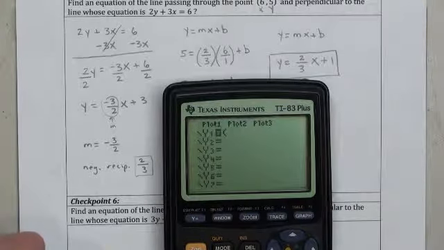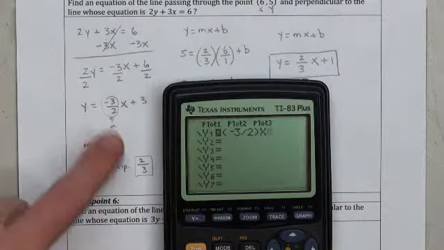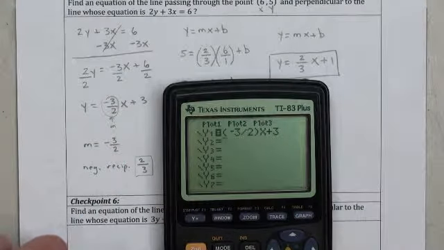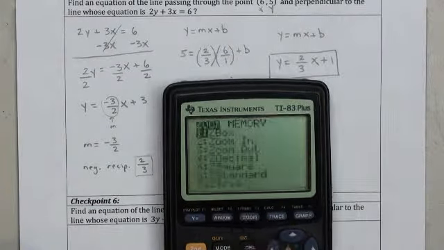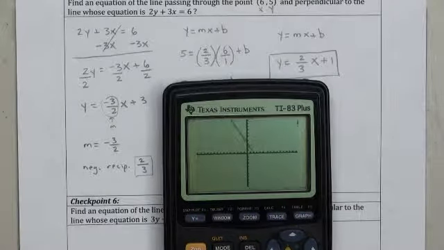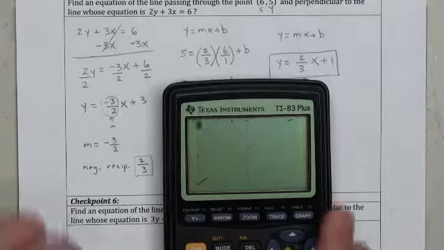So I do negative 3/2 in parentheses x plus 3, and then my answer is 2/3 x plus 1. So 2/3 in parentheses x plus 1. I hit zoom. I go down to z square. I hit enter. Okay, and they came out looking perpendicular, so I just checked to make sure I did the problem correct.